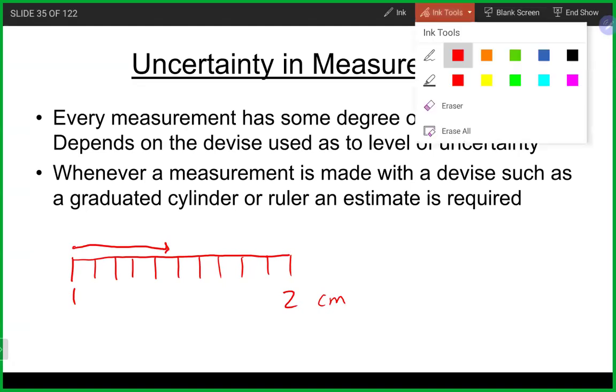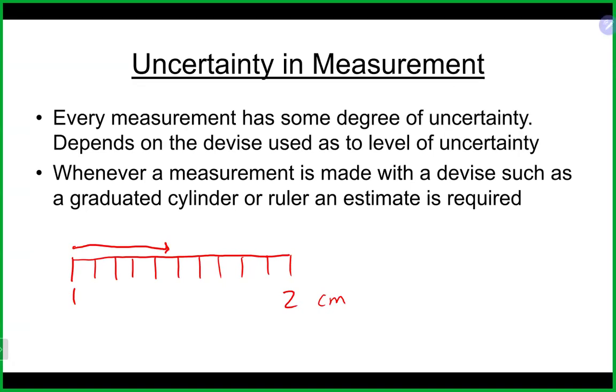The first thing that you usually want to look at when you take a look at a scale, be it a ruler or graduated cylinder, beaker, whatever it may be, is you want to figure out what the large markings mean. Usually the large markings will have numbers next to them. So here our large marking is 1, and our large marking here is 2, which means our large markings in this case represent 1 centimeter. The next thing that you want to figure out is, what do the smaller markings represent?